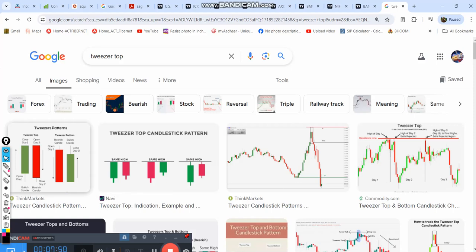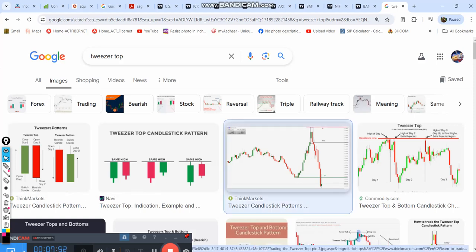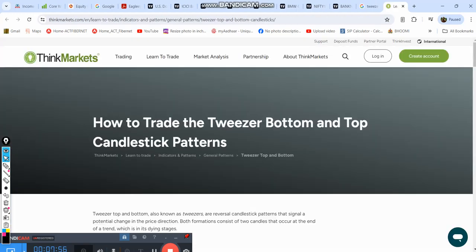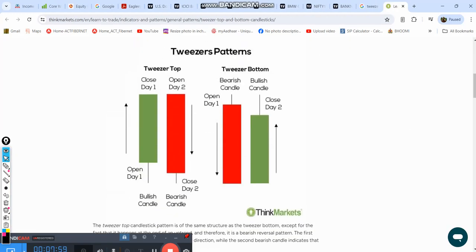So this is a tweezer top candle actually. This is a tweezer top candle here. This type of structure is a tweezer top candle.